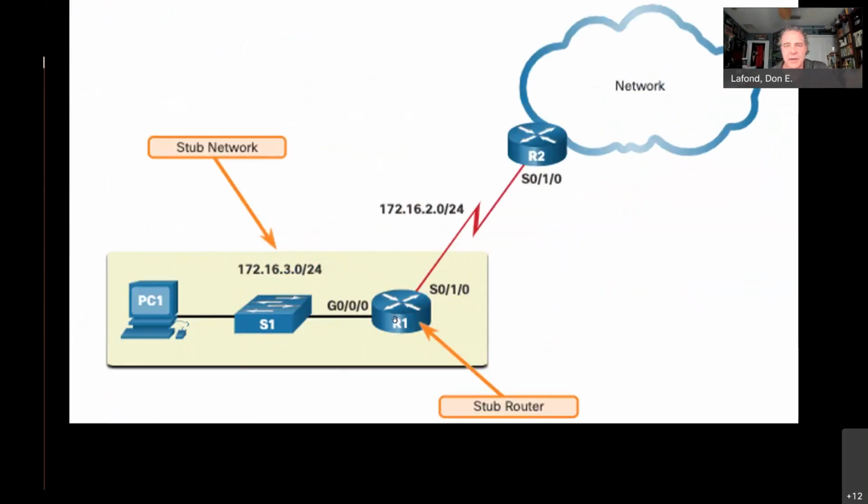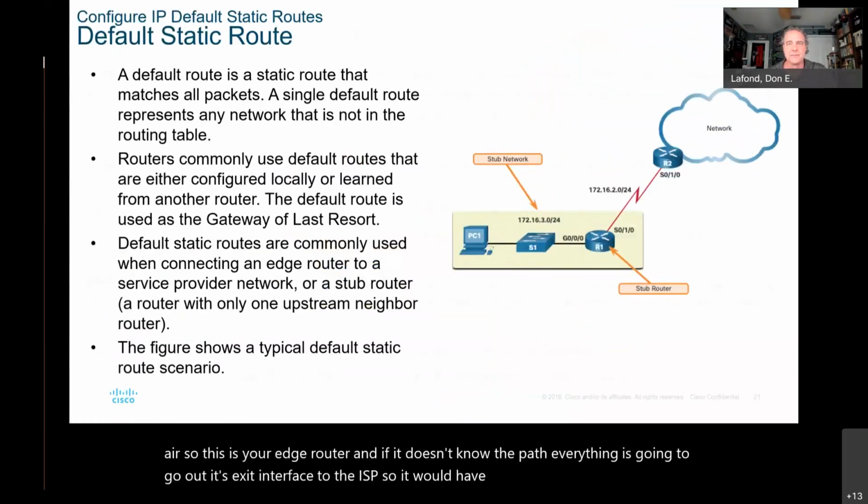We'll use a default static route of quad zeros. Also, R2 is really the edge router, unless they're considering R2 being your ISP, but normally they put ISP here. So this is your edge router, and if it doesn't know the path, everything is going to go out its exit interface to the ISP. So it would have a default static route as well.